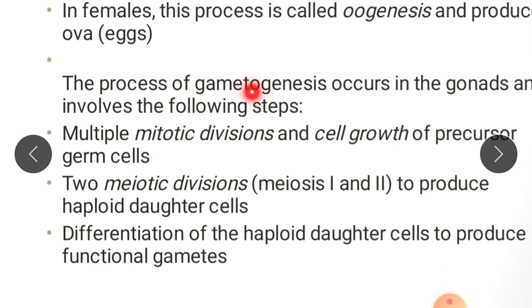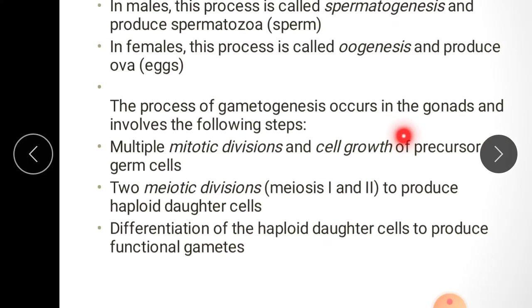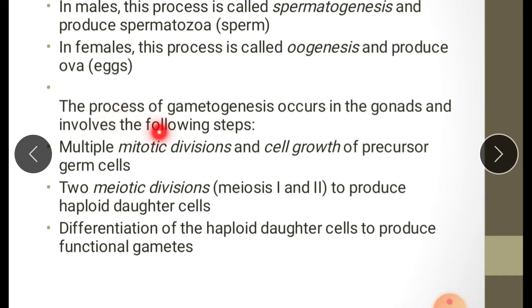So the process of gametogenesis occurs in the gonads and involves the following steps. In the testis, spermatogenesis occurs. In the ovary, oogenesis takes place. First, multiple mitotic divisions and cell growth of precursor germ cells: the germ cells undergo mitotic division to produce a large number of precursor cells.